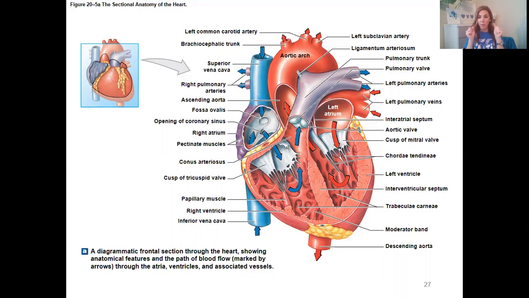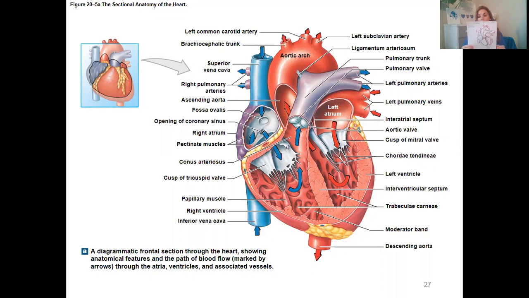This is a double pump, so both sides are going to be working at the same time, and you'll always have blood moving in both sides concurrently. So I'm just breaking it down to make it very easy for you to learn, but just keep in mind as we go further into the PowerPoint that both sides are going to have blood in them.